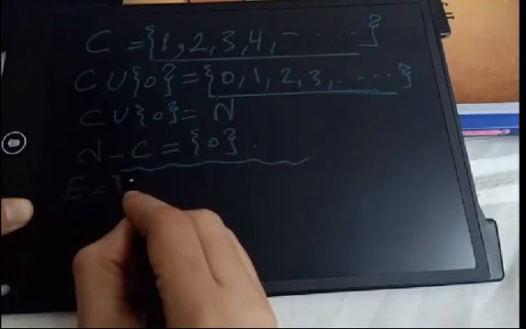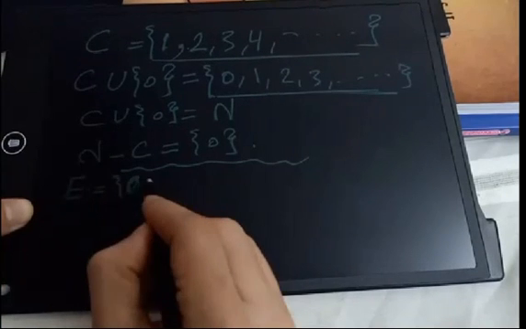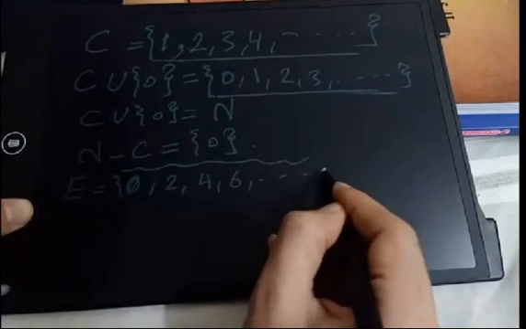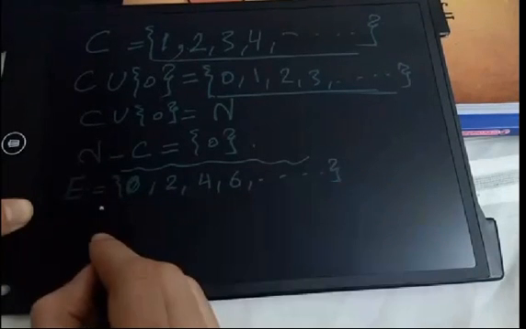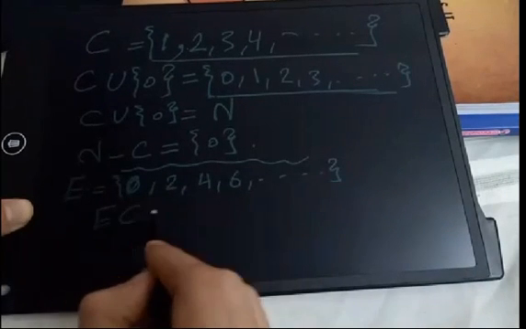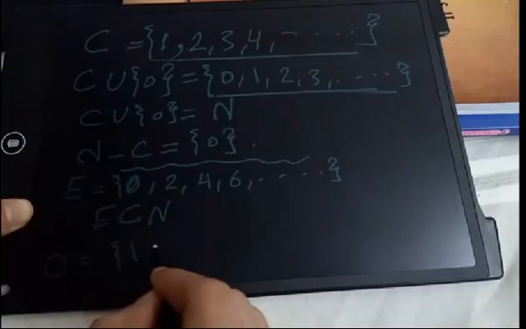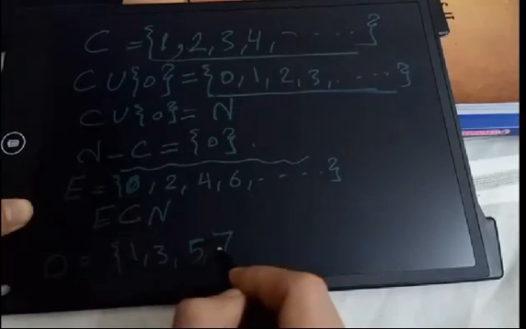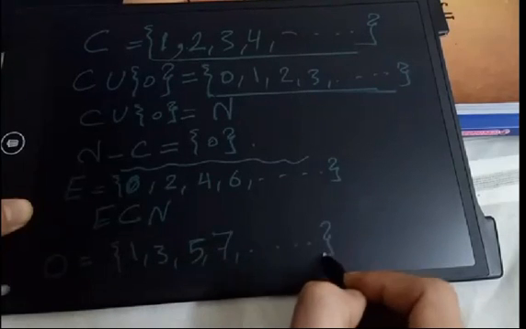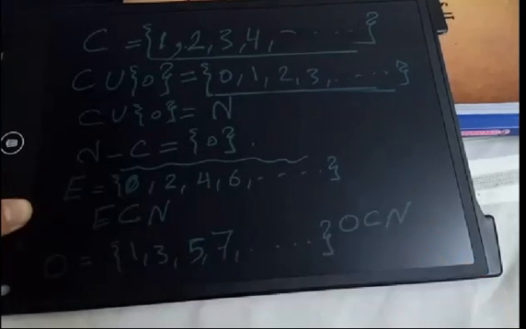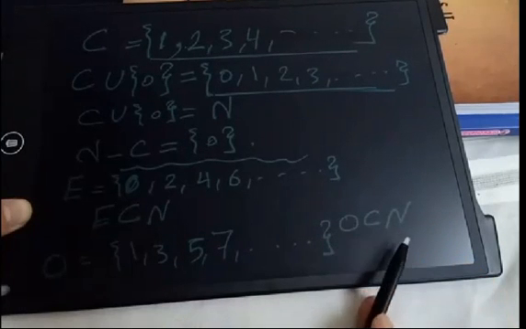So the even numbers are 0, 2, 4, 6, and so on, and E is a subset of N. And we have the odd numbers also: 1, 3, 5, 7, and so on, and O is also a subset of N.